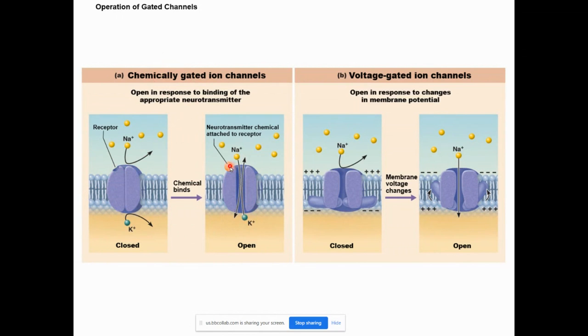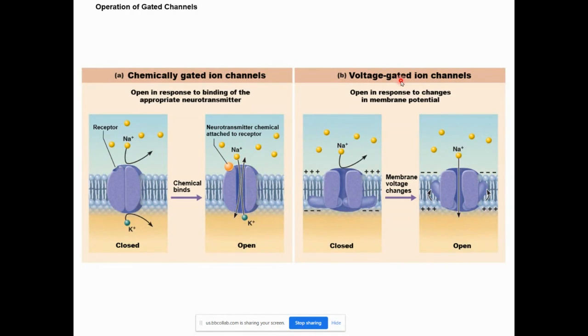Those little chemicals are called neurotransmitters. When we covered muscle, that neurotransmitter was acetylcholine, right? That caused what we called the end plate potential in that chapter. But this is just saying that some channels open up because a neurotransmitter is bound to it, and now allow ions to flow in and out.